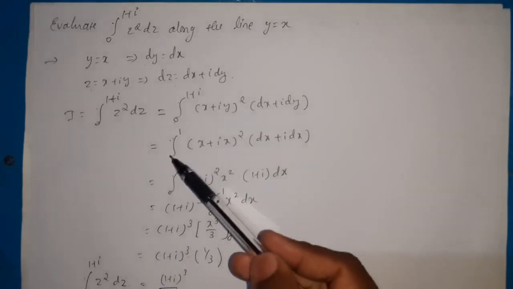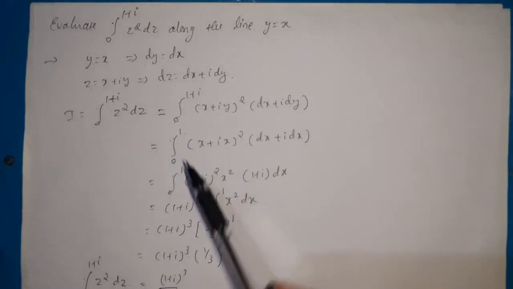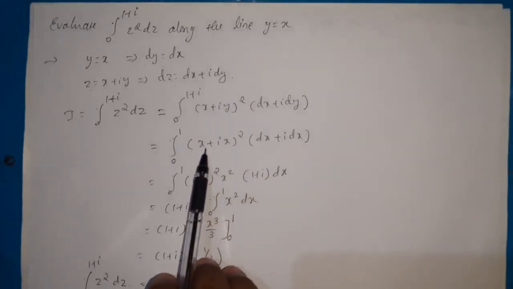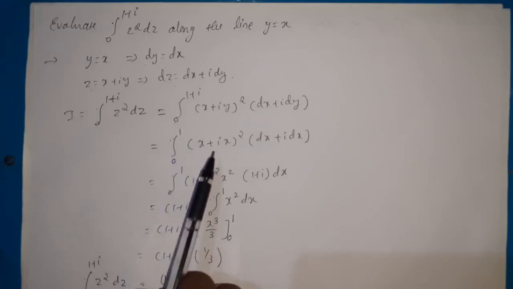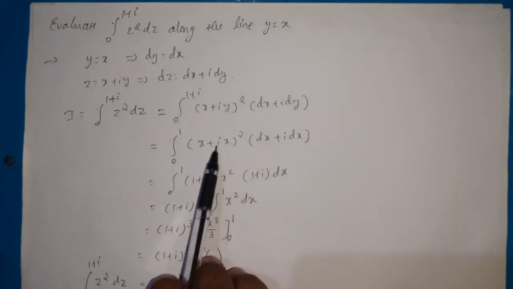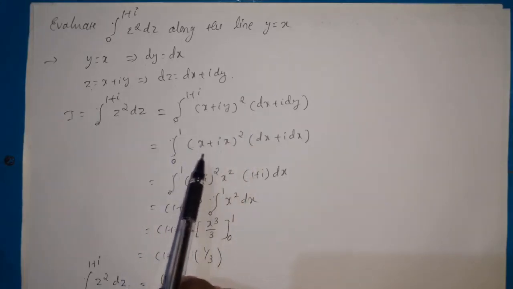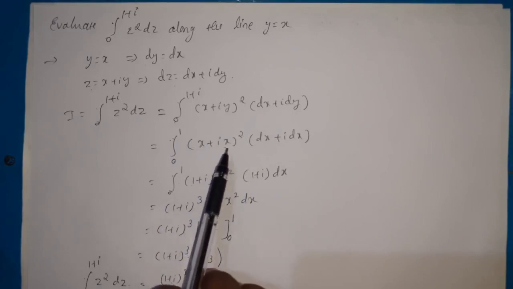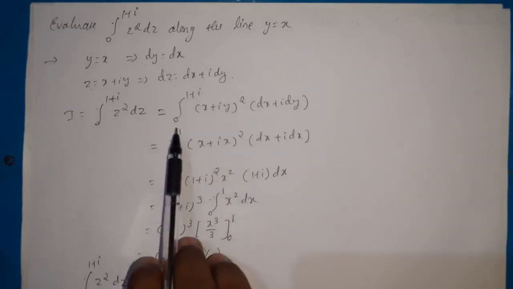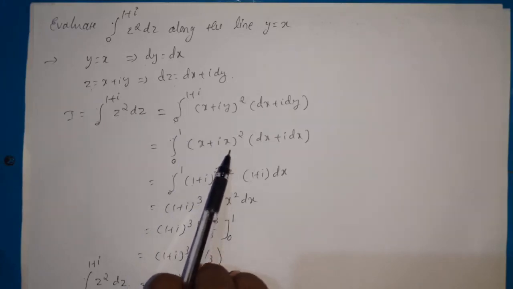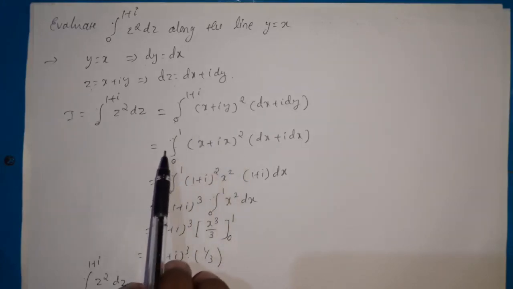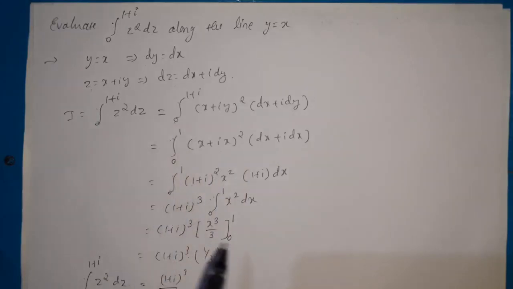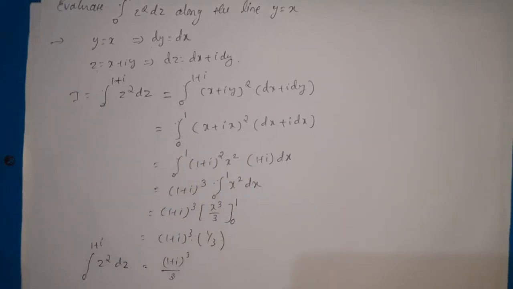While writing the limits, depending on these replacements, we need to consider whether we have a function of x or a function of y. If we have a function of y only, then use the limits of y, and if we have a function of x, then use the limits of x. So this is the way to integrate the given function of a complex variable.